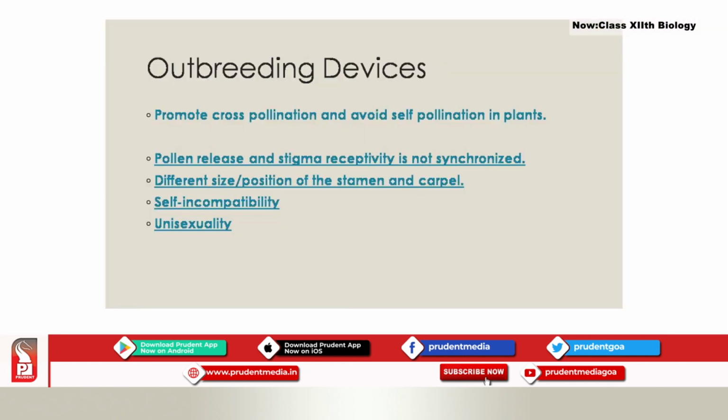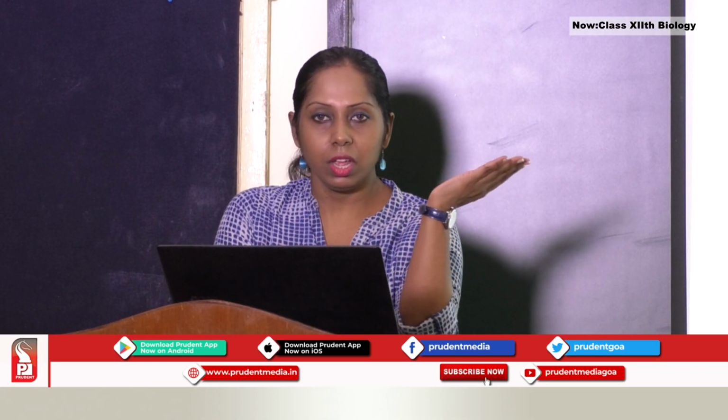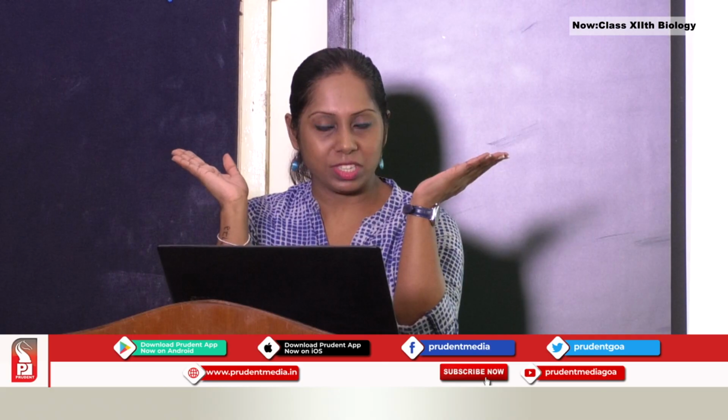Look at the next one, the different size and position of the stamen and the carpel. In a bisexual flower, how to avoid self-pollination and promote cross-pollination? Here you can go for different size or position of the stamen and the carpel, which means the stamen position and the carpel position could be in opposite directions.